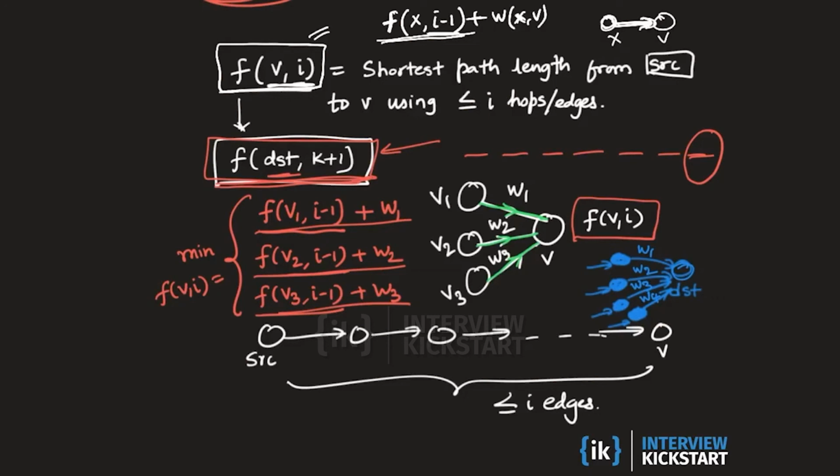So we would have to actually take the minimum of this value over all the predecessors x of v. So x here denotes an arbitrary predecessor of v in the graph. So compute this sum for each of those predecessors and then take the minimum.